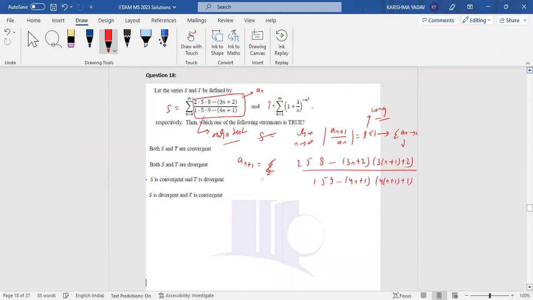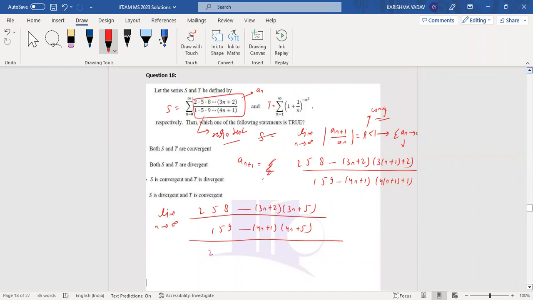This is my a(n+1). Let's apply the ratio test: limit n tends to infinity of a(n+1), this part, that is 2, 5, 8, up to (3n+2) times (3n+5), upon 1, 5, 9, up to (4n+1) times (4n+5), divided by a(n), that is 2, 5, 8, up to (3n+2) upon 1, 5, 9, up to (4n+1).